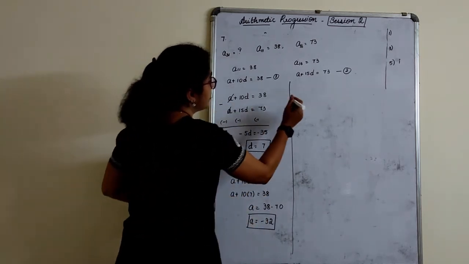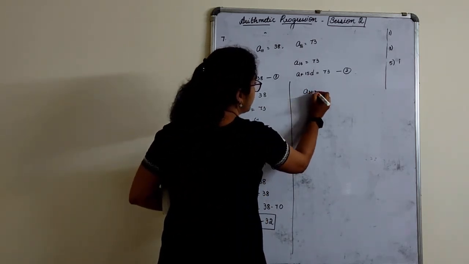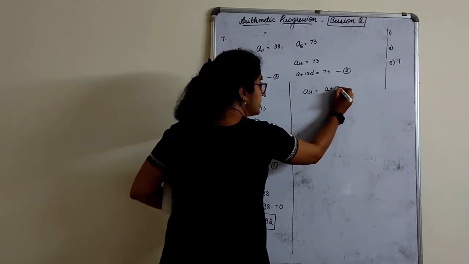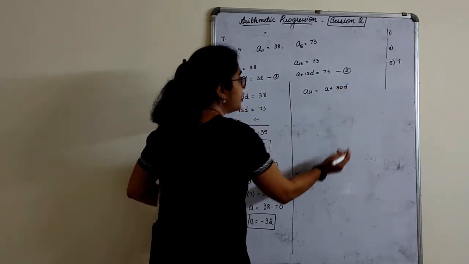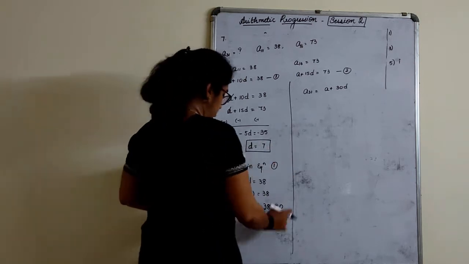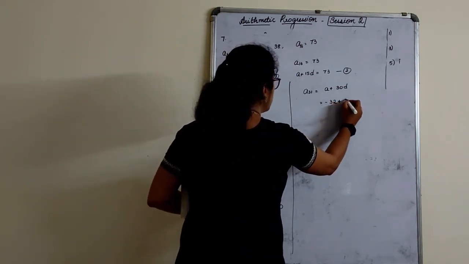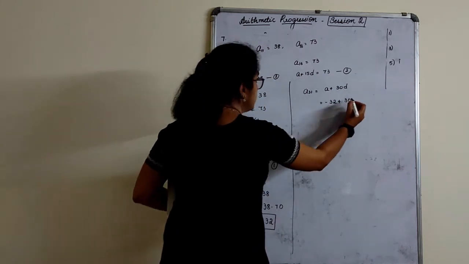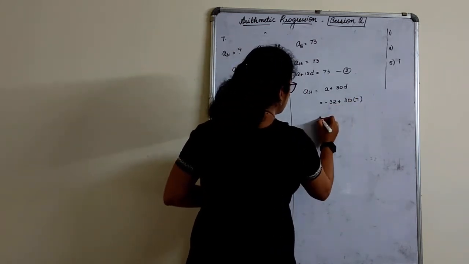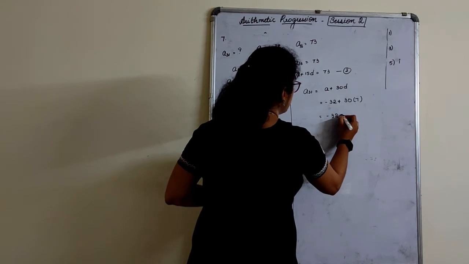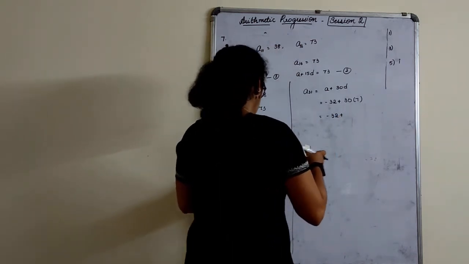So, how do we find the 31st term? A31 is equal to A plus 30D. We know the trick to write. Substitute the value. What is A? Minus 32. What is D? D is 7. Minus 32 plus 37.